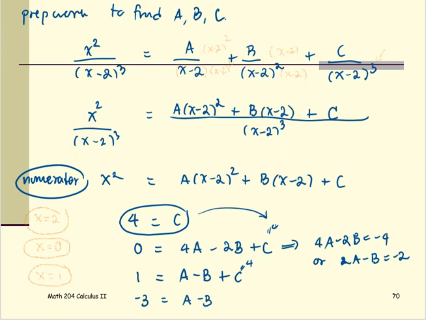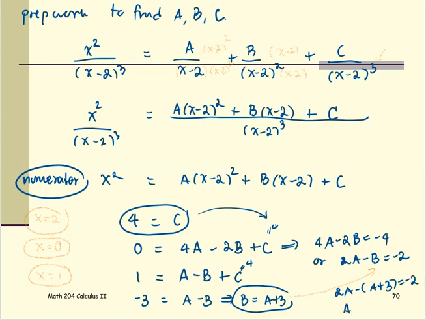So what I could do is solve this for b. So my b equals a plus 3. I just rearrange the terms by adding b to both sides and adding 3 to both sides, and then I substitute into the equation that I set aside from using x equals 0. So then I will have 2a minus a plus 3 equals negative 2.